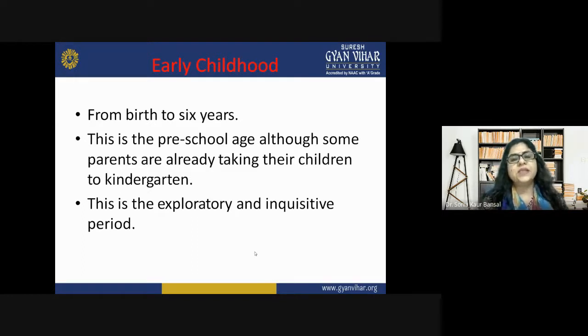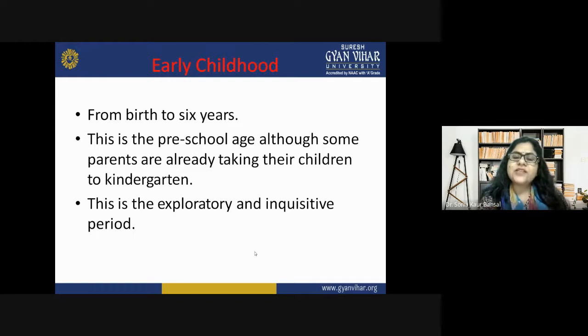Now, students, let's understand about early childhood. This early childhood is a stage which is considered from birth to 6 years. This is the preschool stage, students, although some parents are already taking their children to kindergarten, and this is the exploratory and inquisitive period.